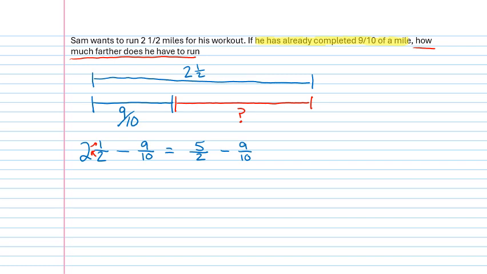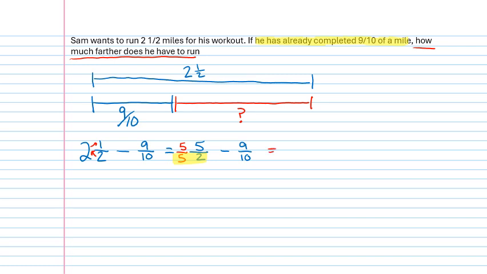The way we could do that is by multiplying by the number 1, but as a fraction, 5 over 5, right? Because 5 times 2 is 10, and that's what we want.